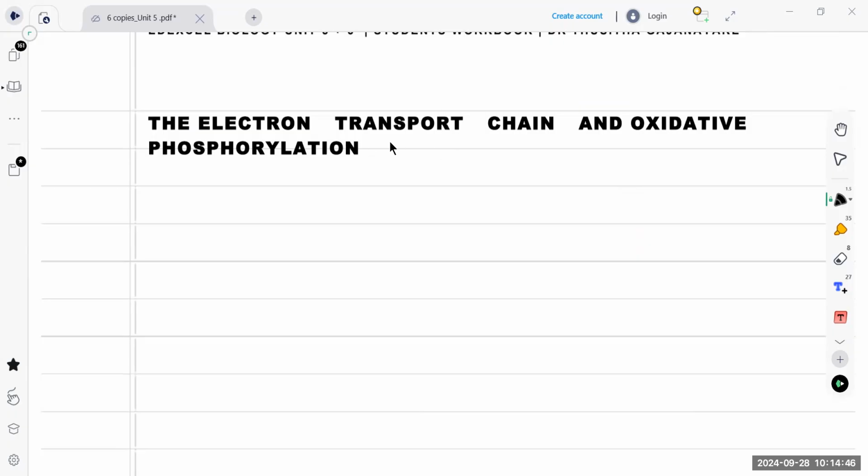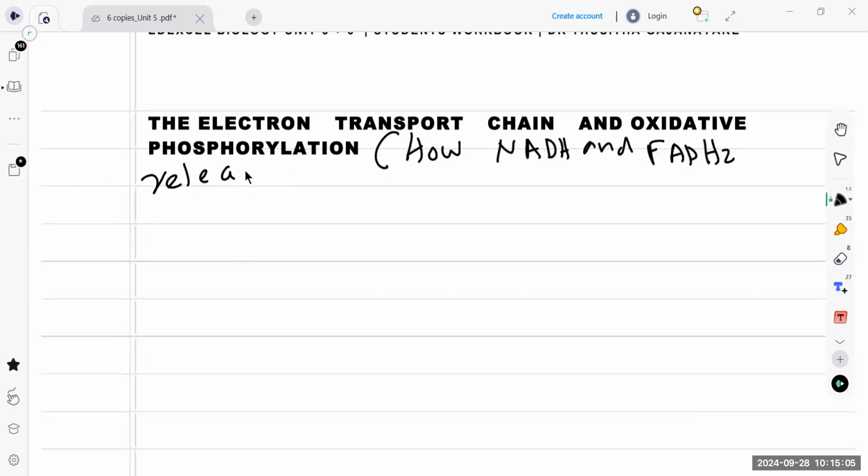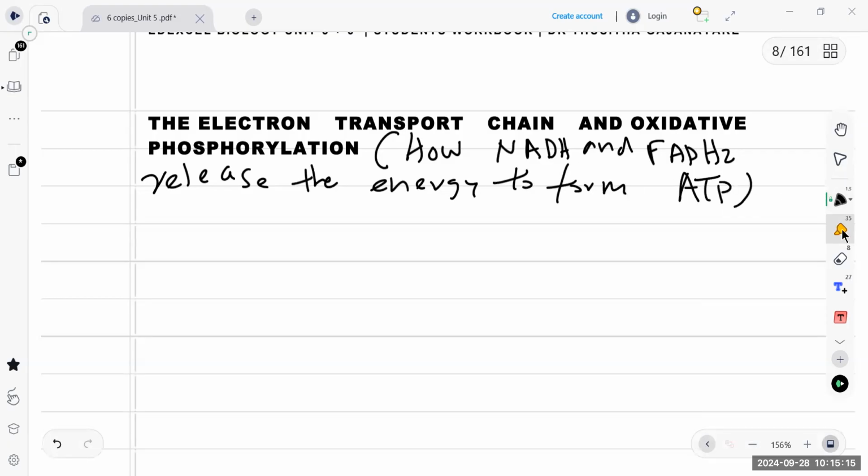This is the process in which we're going to see how NADH and FADH2 release the energy to form ATP.